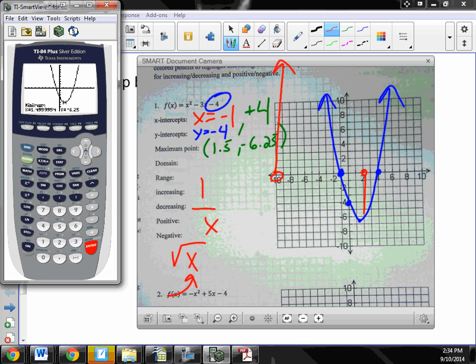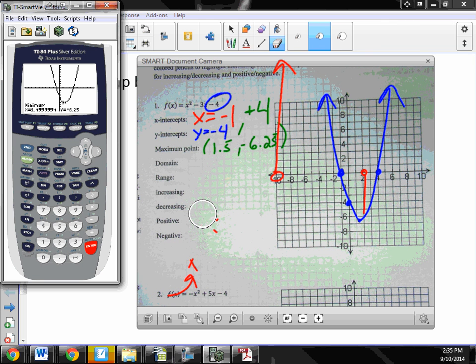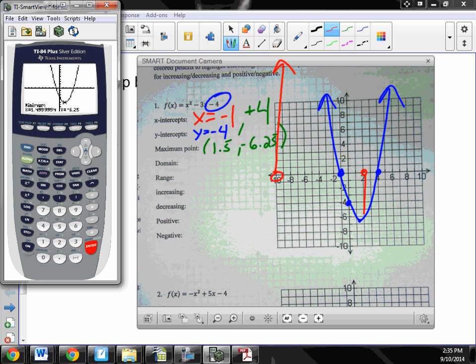So the only time your domain is going to be restricted in a function that's a written equation is if you divide by 0 or you take a square root or any even root of a negative number. If I change this to fourth root, that still runs into problems at negative numbers. As long as it's a polynomial, the domain is always going to be all real numbers. So we'll use the real number symbol.